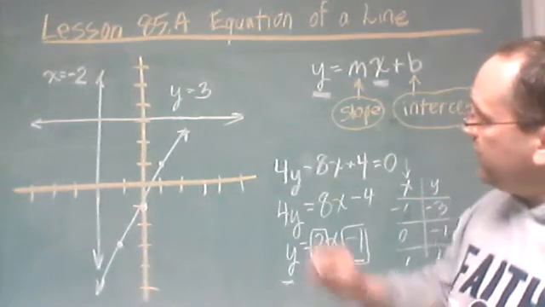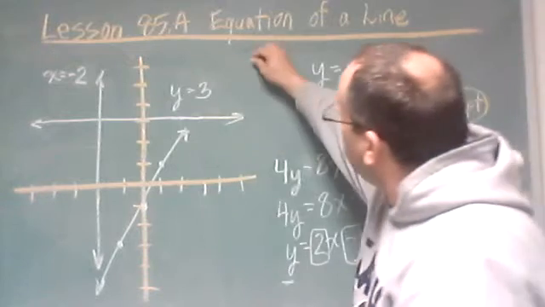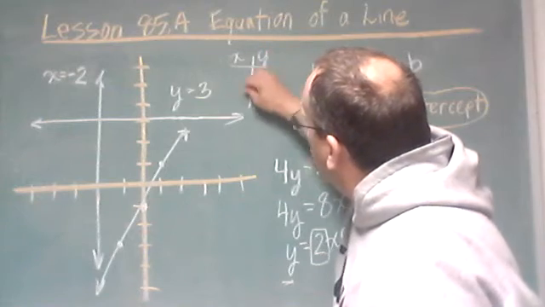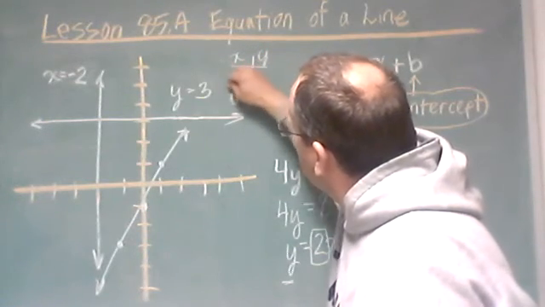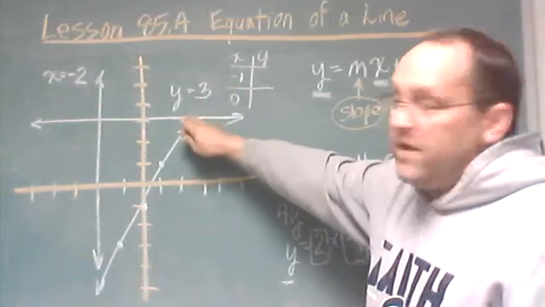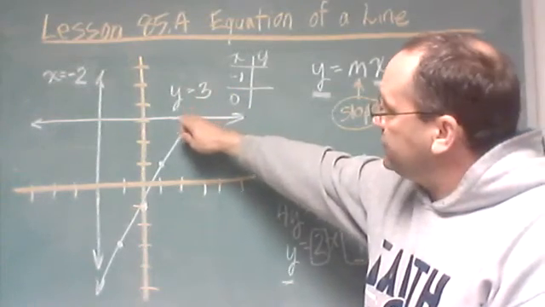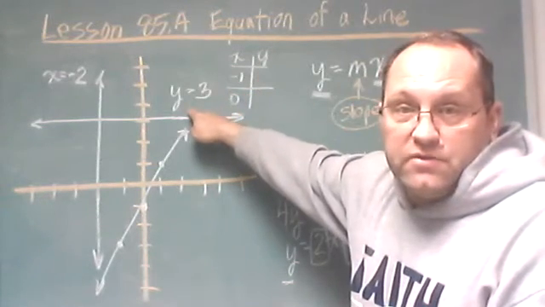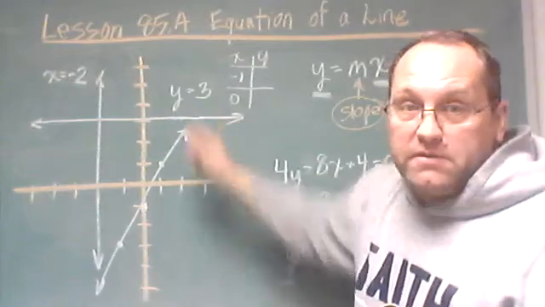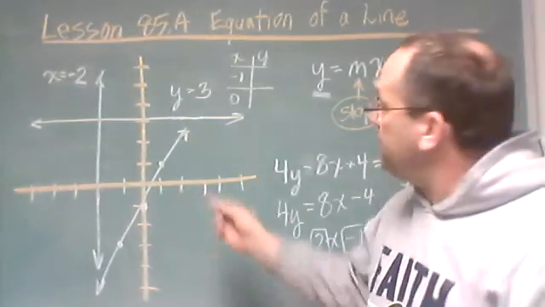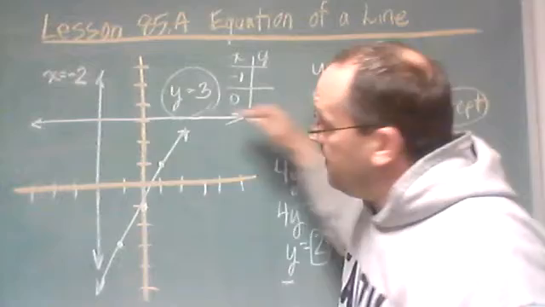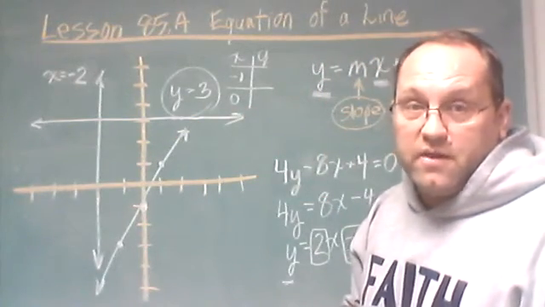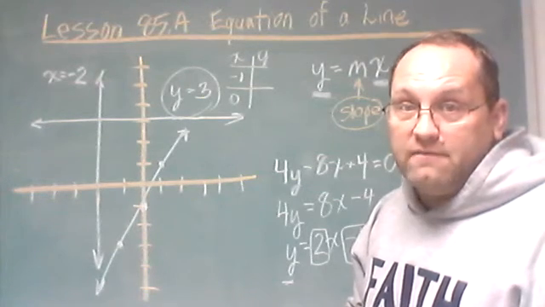Think of it this way: when we did our ordered pairs, we tried to do ordered pairs with the equation of a line. I'll just do 2 points here. If our equation of the line is y equals 3, we pick our values for x and try to substitute them in, and what happens? There is no x value in this equation of the horizontal line to substitute in to return a y value.